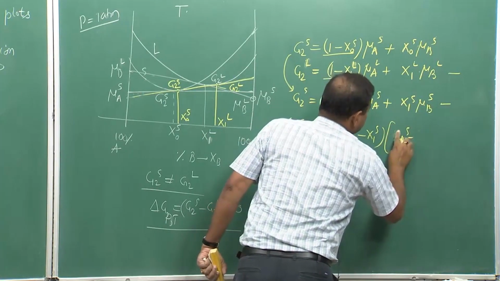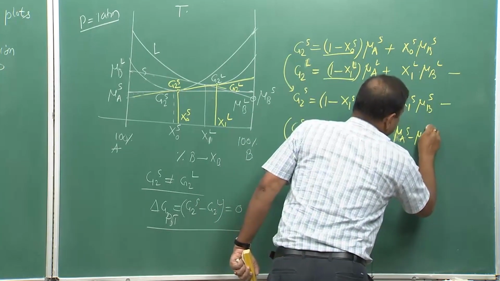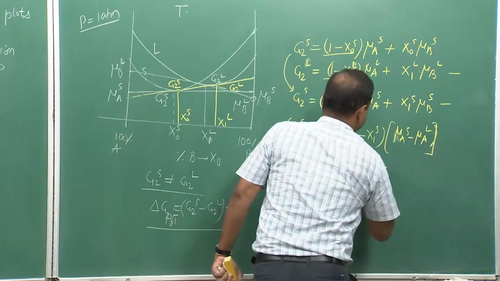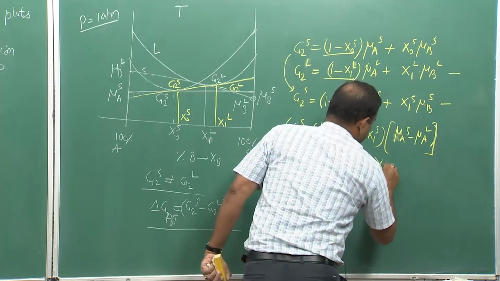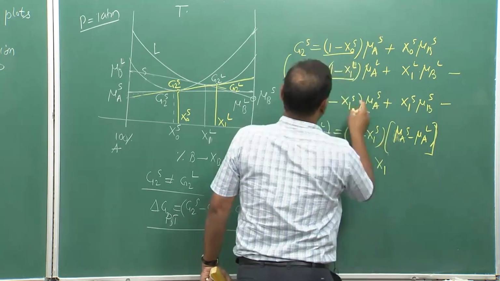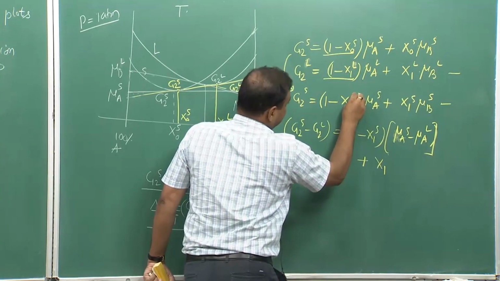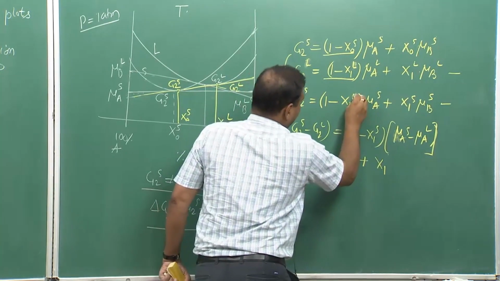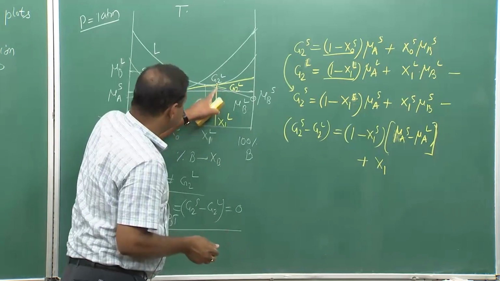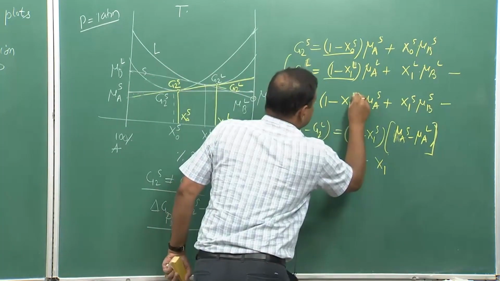times mu AS minus mu A liquid plus X1 times mu B S minus mu B liquid. This composition was initially solid, but I can also take it as liquid because it is the same composition. So, I can convert it to liquid.